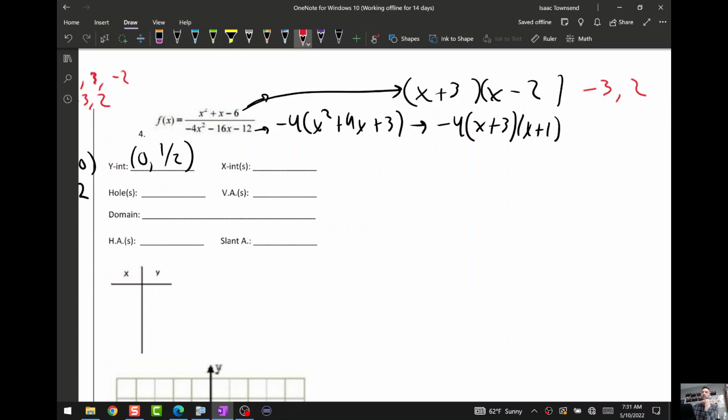And so -4 never equals 0, x plus 3 equals 0 at -3, and x plus 1 equals 0 at -1. Okay, so there's two numbers that make the numerator 0. So I'm tempted to say 3 is an x-intercept and 2 is an x-intercept. But that's not correct. Which one of these is not really an x-intercept?